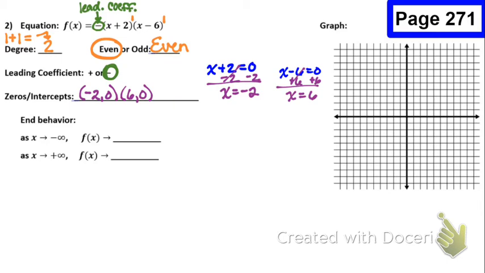So what will my end behavior be here? Positive infinity? Negative? My choices are negative or positive. Why? The leading coefficient was negative, and that determines which side? The right side, which is this one right down here.